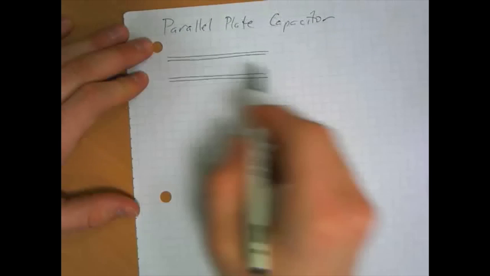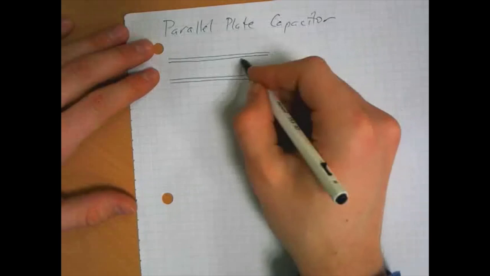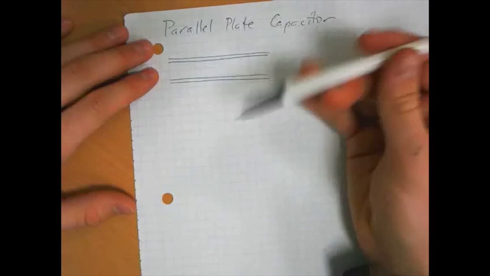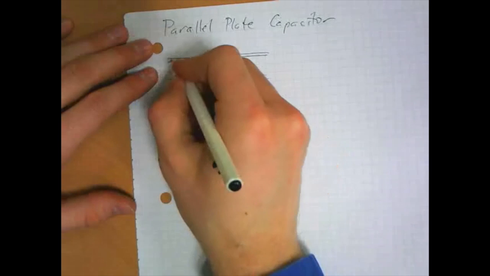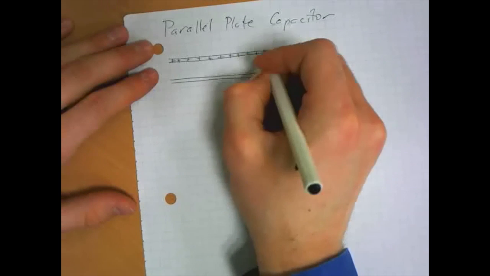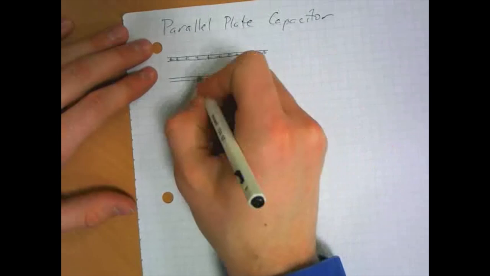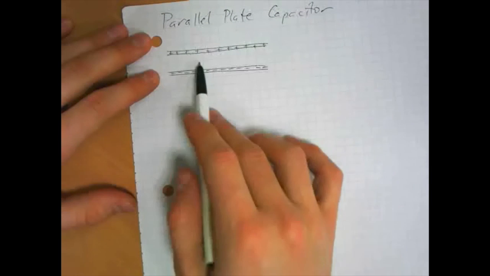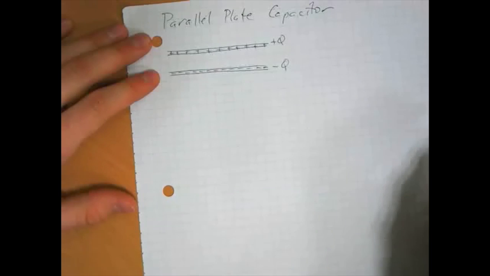They're separated by some distance, whatever. They're pretty close together. Typically this distance might be like a millimeter or so, or a couple millimeters, maybe even less. And one is given a net positive charge. The other is given a net negative charge. Okay. And they're the same. So there's a charge positive Q here and a charge negative Q here.